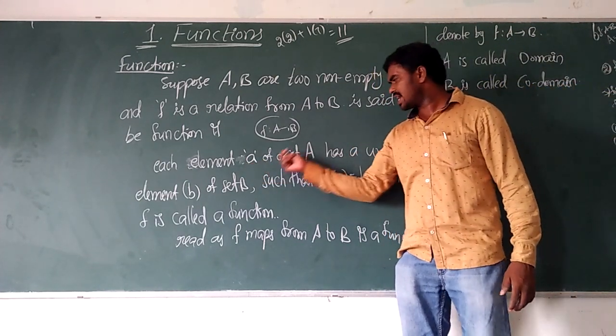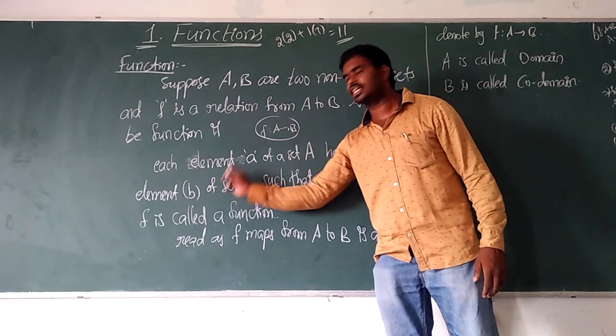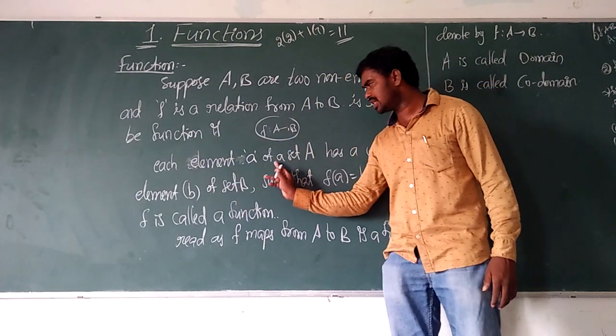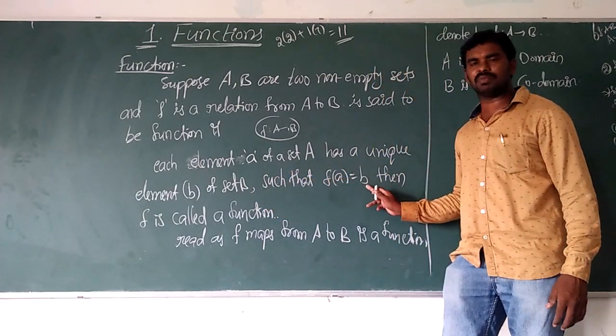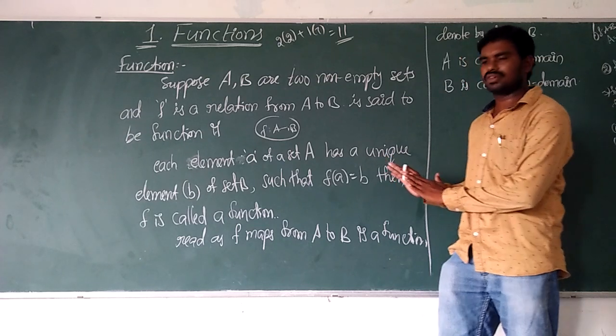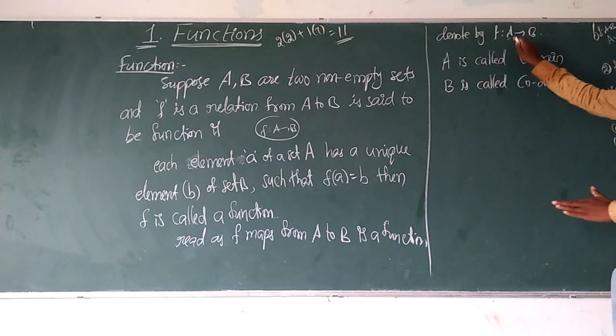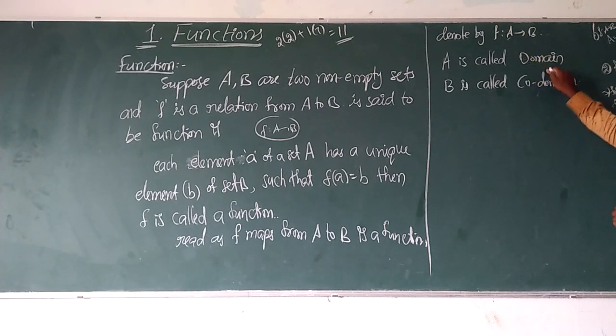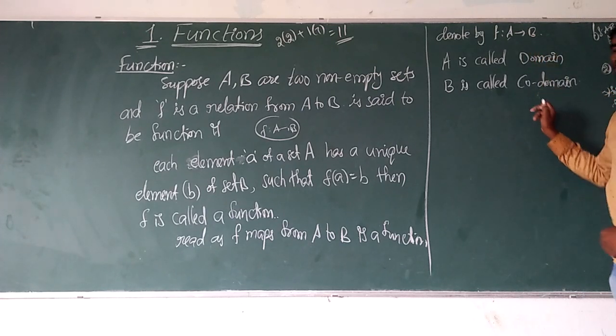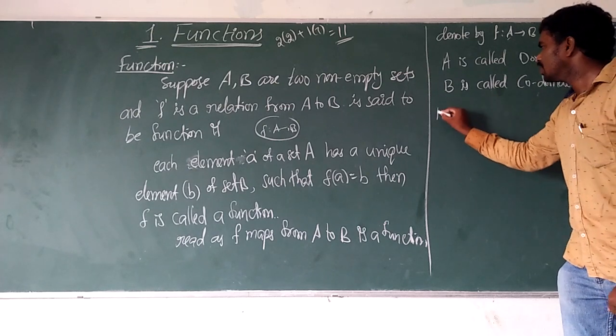The element in set A has a unique element in set B such that f of a equal to b. That is called a function. So a function is denoted by f: A to B. How can we read f: A to B? Or f is a mapping from A to B. The first set A is called the domain, and the second set B is called the codomain. Okay. Next, range.